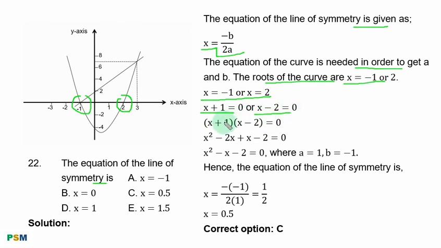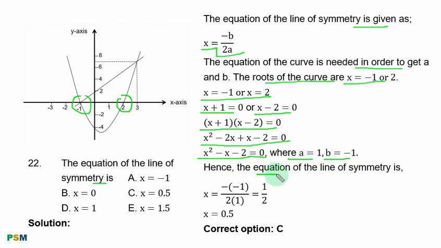You combine the two factors, you equate the product to 0. When you expand, you have this result, and you have s squared minus s minus 2 equal to 0, where a is equal to 1, coefficient of s squared, b is equal to minus 1, coefficient of s.